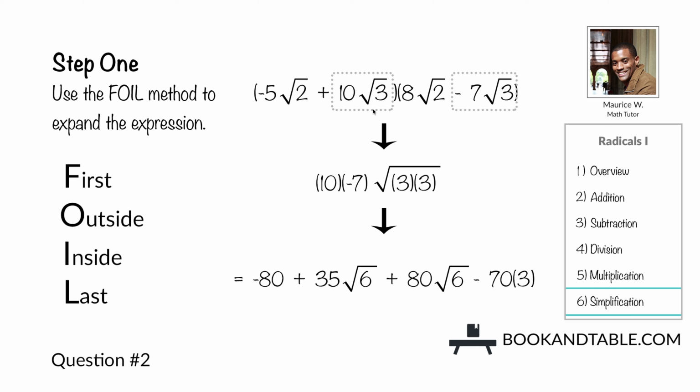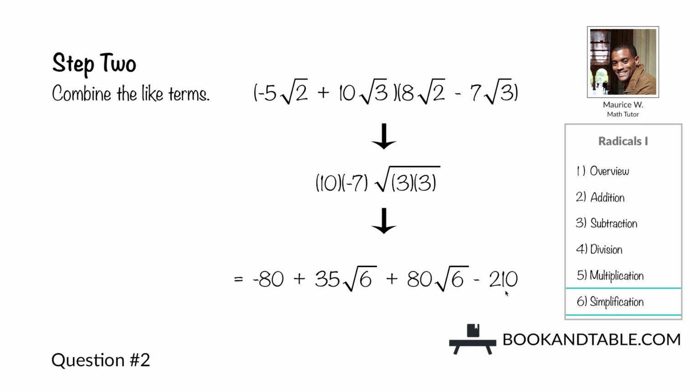And then when we multiply the radicals, we get radical 3 times radical 3, which gives you the square root of 9, which is 3. Negative 70 times 3 gives you negative 210. And now that we've expanded the expression with the FOIL method, we can simplify this by combining the like terms.